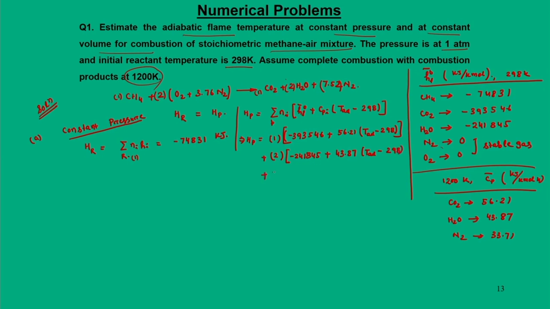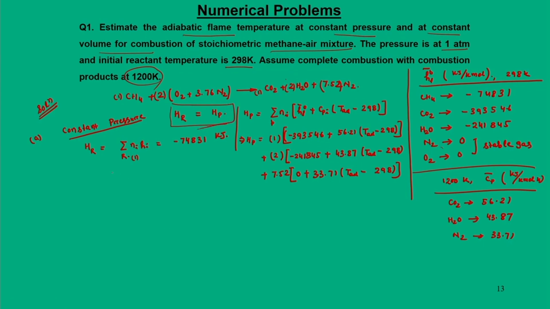The last one is 7.52 moles of N2. The first term is 0 plus Cp, which is 33.71, times (T adiabatic minus 298). So you have 3 terms that need to be added together, and that is equal to HR is equal to HP.